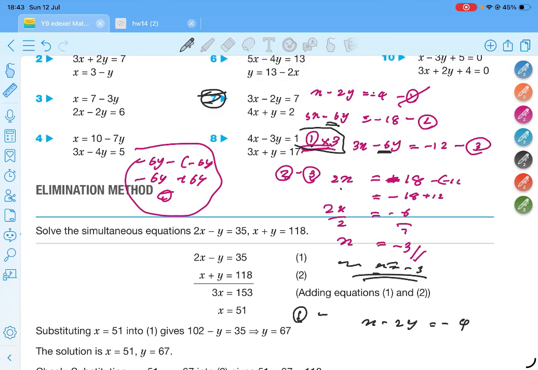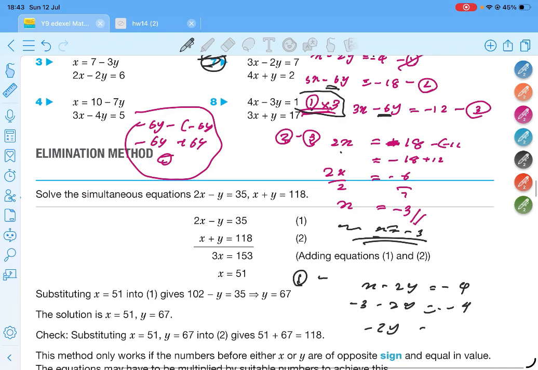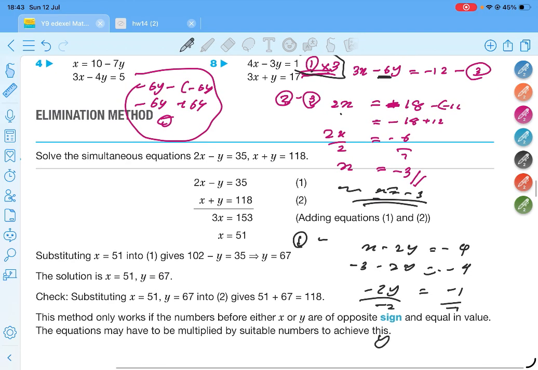Now we need y. Substituting x, which is minus 3: minus 3 minus 2y equals minus 4. The 3 goes over, so minus 2y equals minus 1. Then y equals minus 1 over minus 2, the negatives cancel, so y equals half.